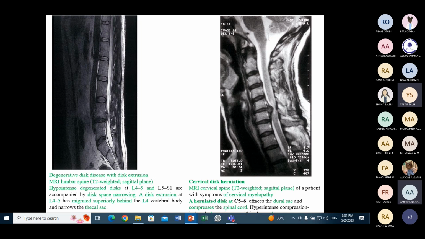This is a patient presenting with cervical MRI. Yes, MRI, T2. There is abnormality in the cervical spine.